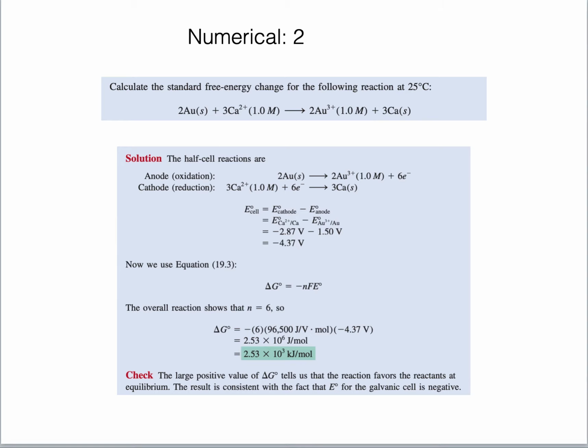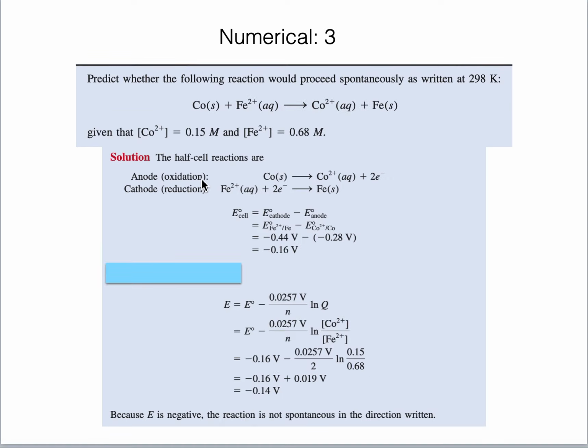Okay, coming to the last numerical, predict whether the following reaction would proceed spontaneously at 298 Kelvin. The reaction is given here, and the concentrations of reactants and products are also given, which are different, which are not 1 molar.